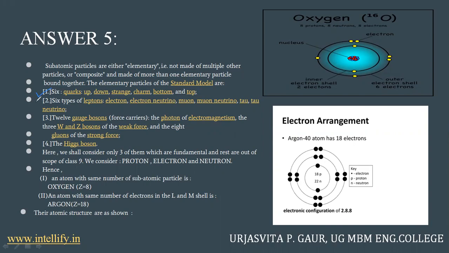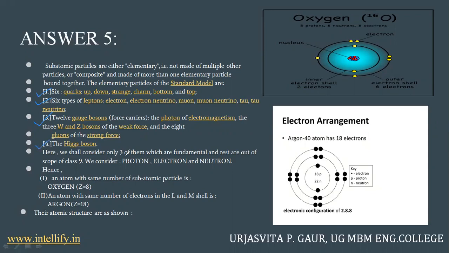The second type includes the six types of leptons: electron, electron neutrino, muon, muon neutrino, tau, and tau neutrino. The third type includes the 12 gauge bosons, which are also the force carriers: the photon of electromagnetism, the three W and Z bosons of the weak force, and the 8 gluons of the strong force. And lastly, the Higgs boson.